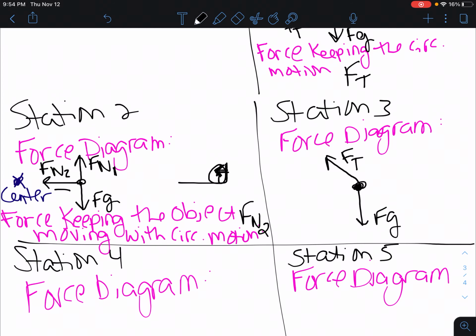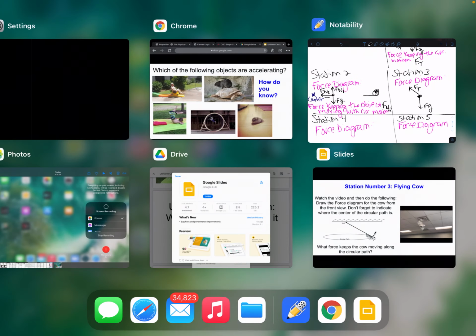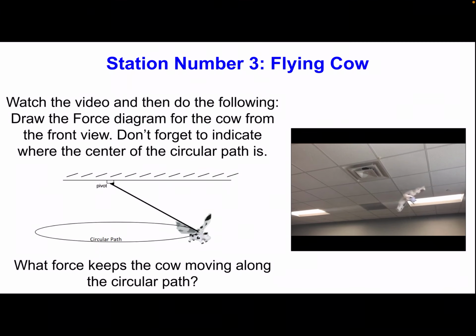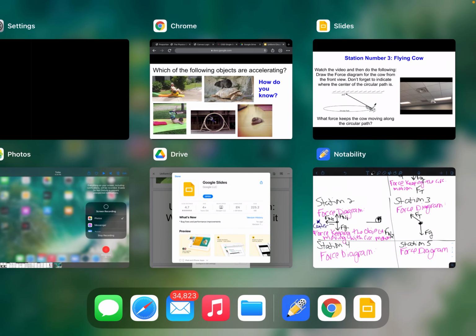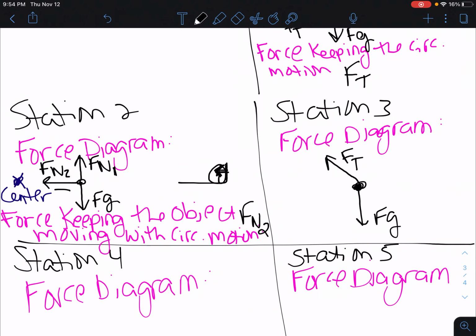And the tension force is going to look just like it did in the picture. So if we look at the video, every now and then you can see the little shiny part of the piece of string that's there. So that's a tension pulling the cow up and to the left. So we get this angled tension force.